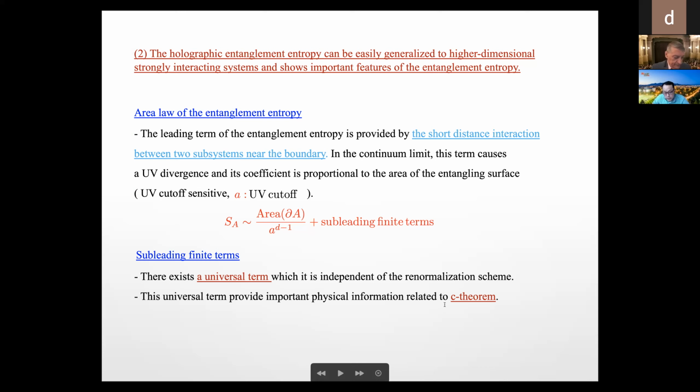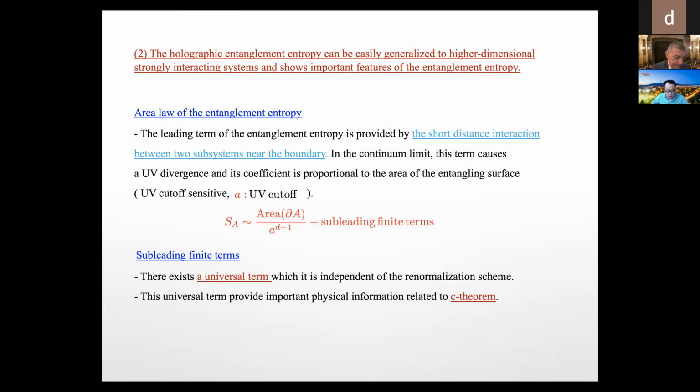Depending on the dimension, there is what's called the C theorem. Zamolodchikov claimed that the C function always monotonically decreases along the RG flow. Entanglement entropy shows this type of C theorem. In the odd-dimensional case, such as three dimensions, the C theorem changes to the F theorem.